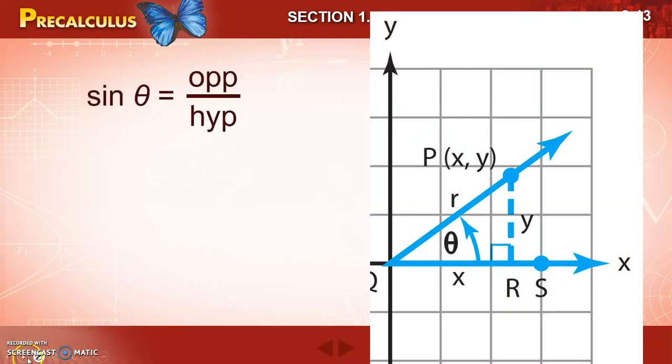We know that sine is opposite over hypotenuse. Sine of theta, any angle, is opposite over hypotenuse. In this case, on the Cartesian plane, our opposite is going to be represented by y, and our hypotenuse is going to be represented by r. If this were a circle, a very badly drawn circle, this r is equivalent to our radius.